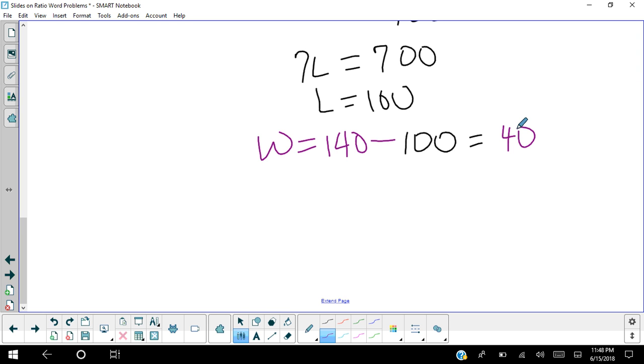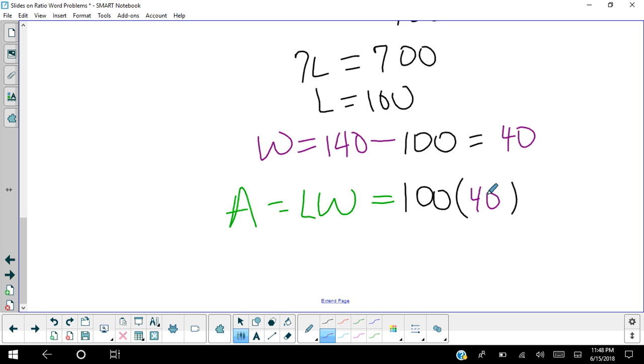And then to actually answer the question, what is the area? Well, area is length times width. So I'm going to take 100 times 40. So I'll end up with the 4 and then add up all the zeros, 0, 0, 0, 4,000.